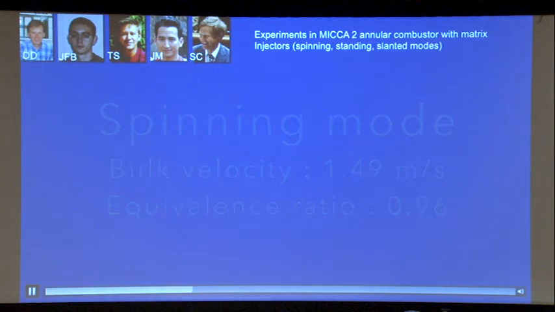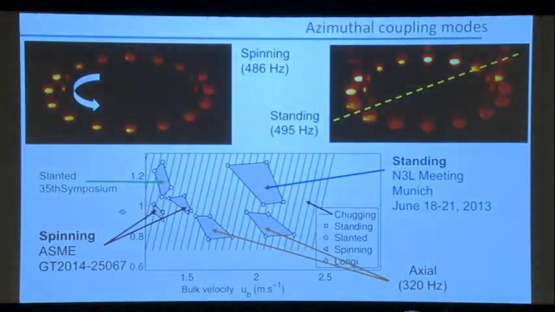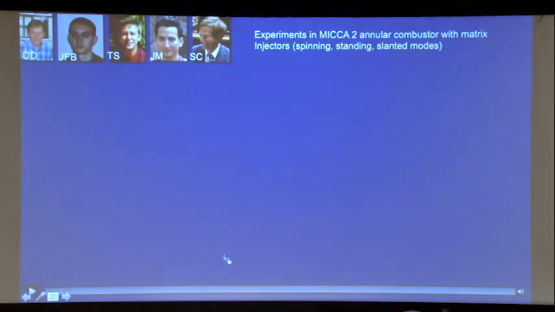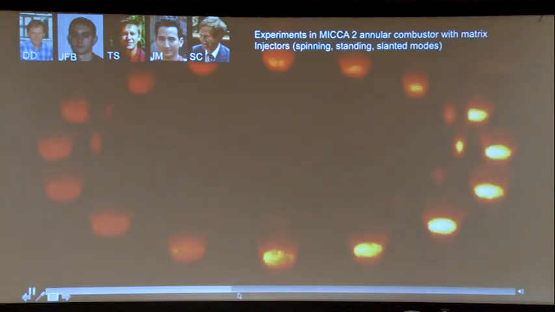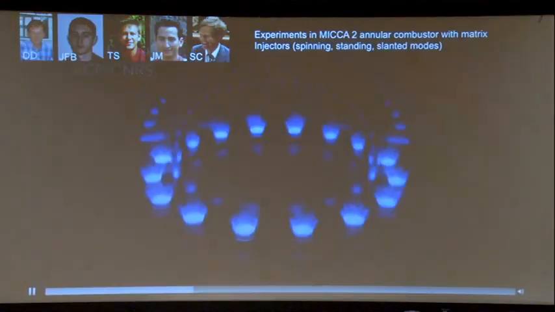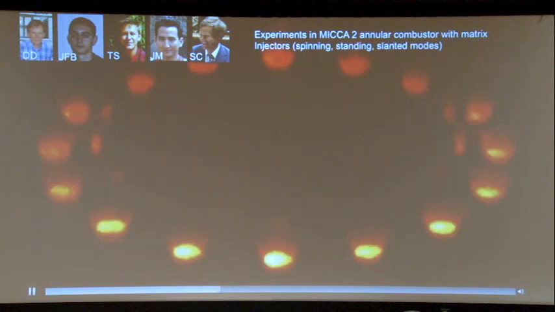So first of all, this is a spinning mode. Oops, sorry. What did I do? Let's go here. Spinning mode. And you see the spinning.